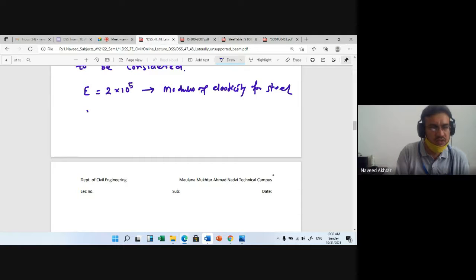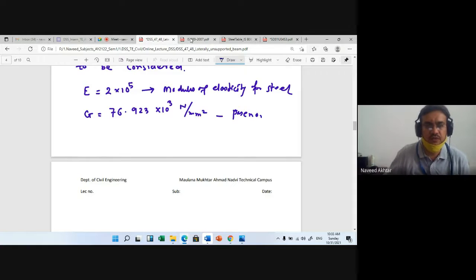G is 76.923 into 10 raised to 3 Newton per mm square. This is also given on page number 12.